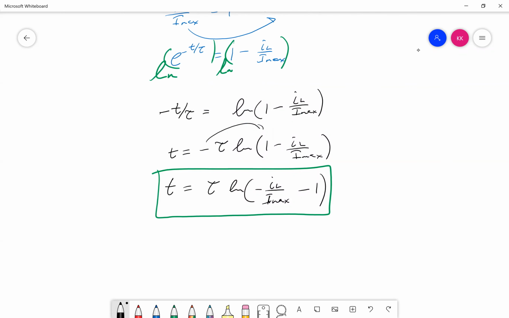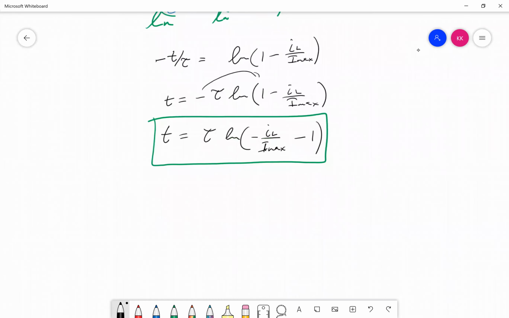That means if we do an experiment, for example, remember that circuit we had.